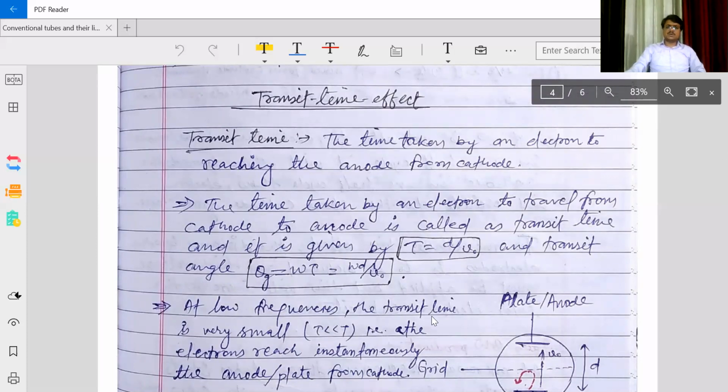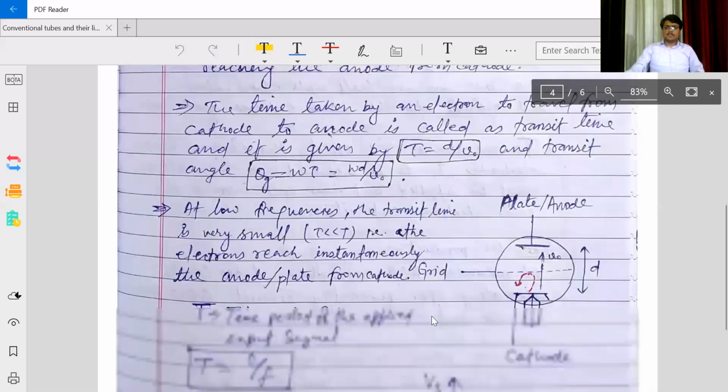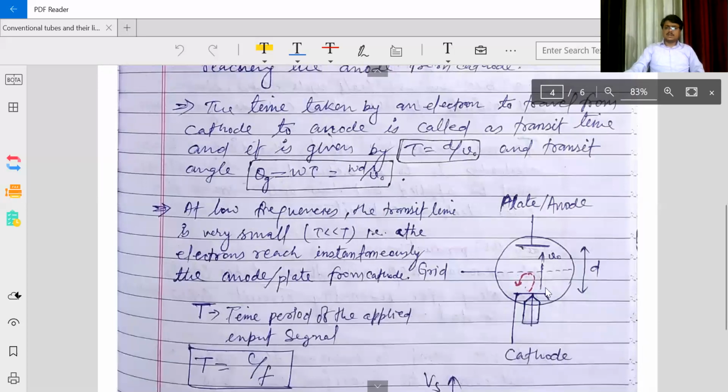So what is the transit time? First of all, the transit time is the time taken by an electron to travel from cathode to anode. Transit time is nothing but the time taken by an electron to travel from cathode to anode.